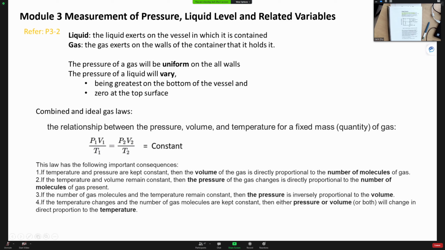If you put the gas inside the container, the pressure will be exerted on all the walls holding it. So the pressure for the gas will be uniform on all sides, but the pressure in the liquid varies. It will be greatest at the bottom and zero at the top surface.